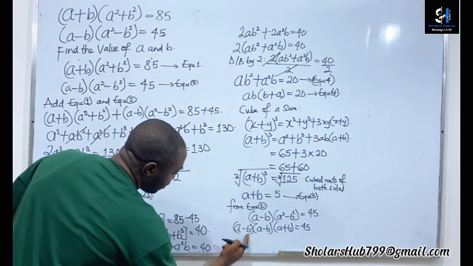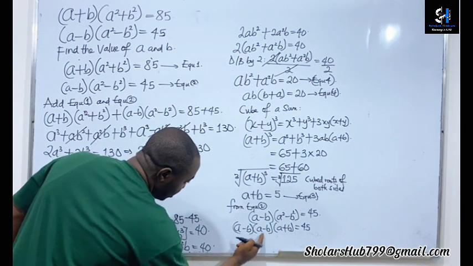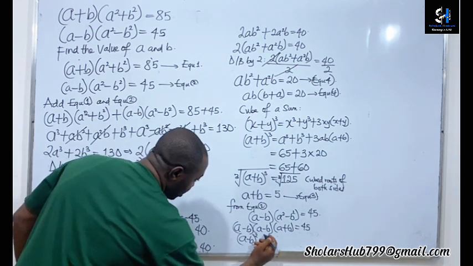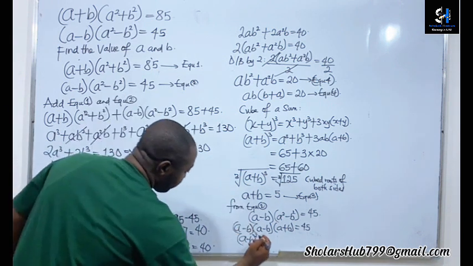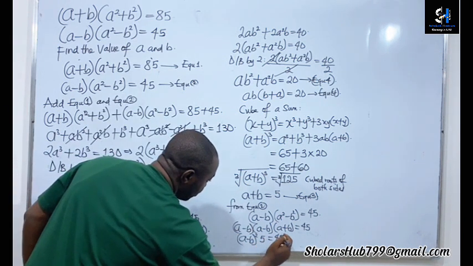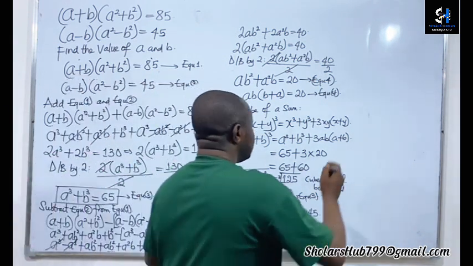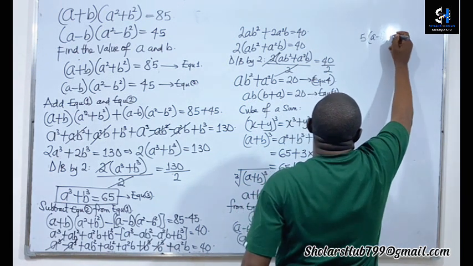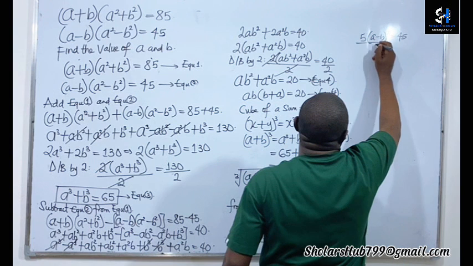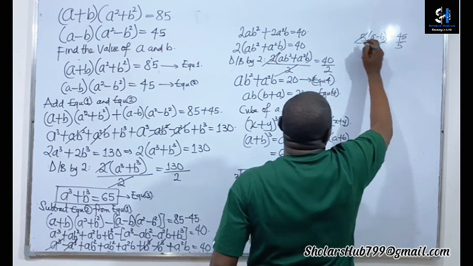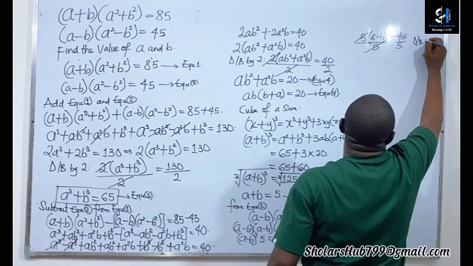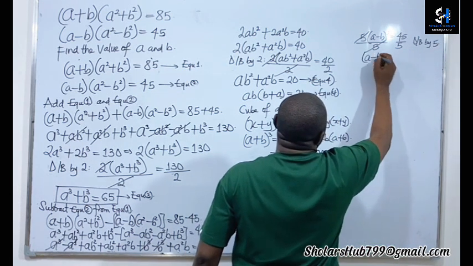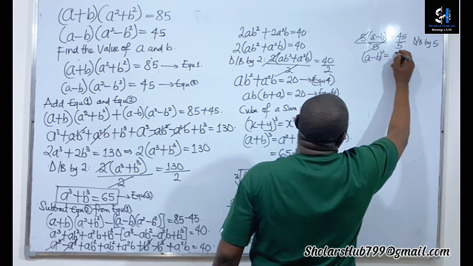So this becomes (a - b) squared, and we know a plus b is 5, so 5 into (a - b) squared equals 45. If we divide both sides by 5, we have (a - b) squared equals 9.